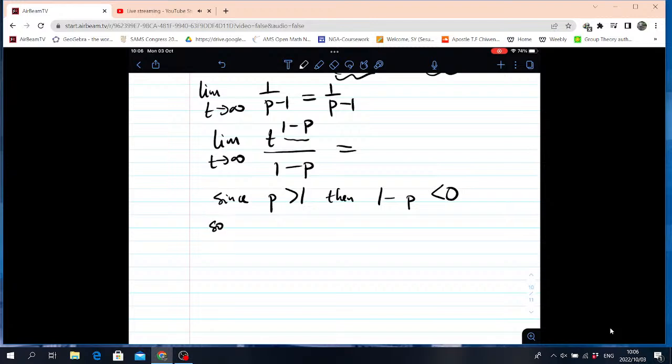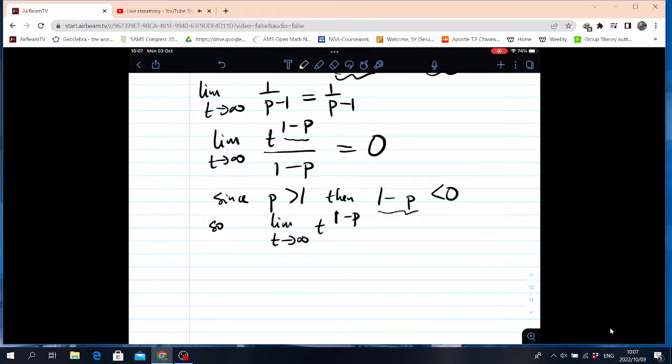And so if you think about the limit as t tends to infinity of t to the 1 minus p, because this value is less than 0, it will be at the bottom. So if you take t, which is going to infinity, to some power, you would have 1 over infinity, which becomes 0. So that value becomes 0.